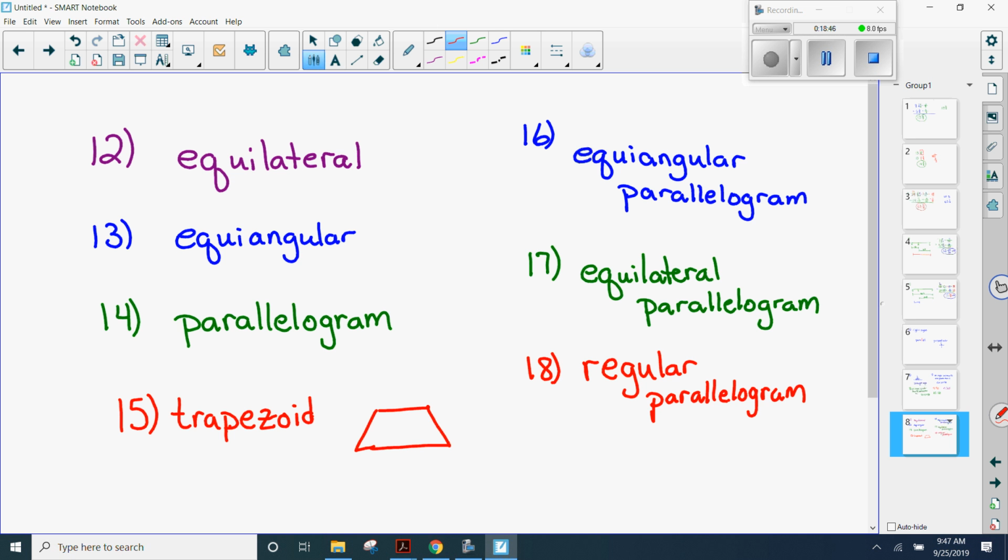So regular parallelogram, equilateral and equiangular. Remember that.